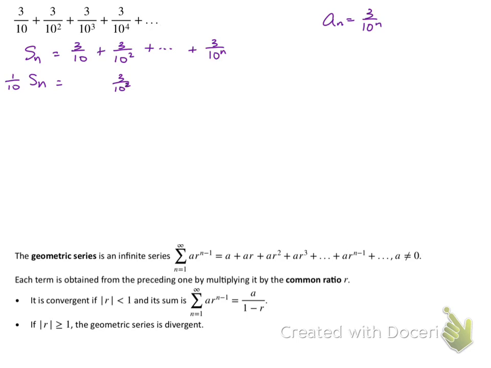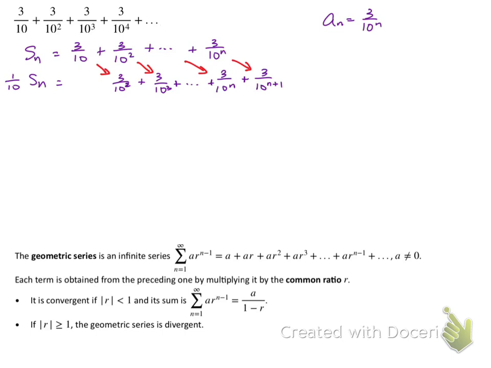Then 3 over 10 squared times 1 over 10 gives you 3 over 10 to the third power, plus ... and then the 3 over 10 to the n, multiplying by a tenth will give you another term. So pretty much, that's how you get it, by multiplying a tenth, and multiplying a tenth.